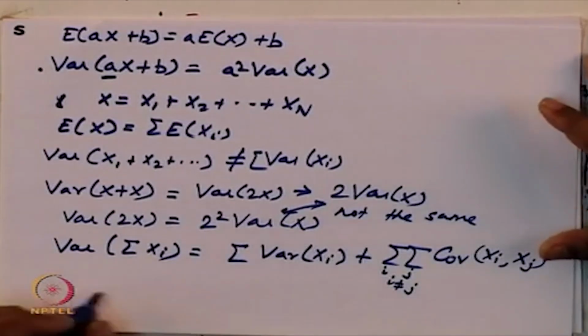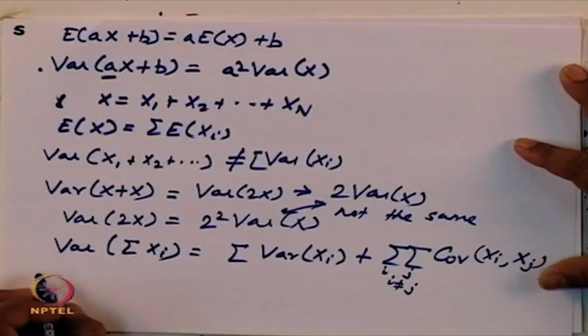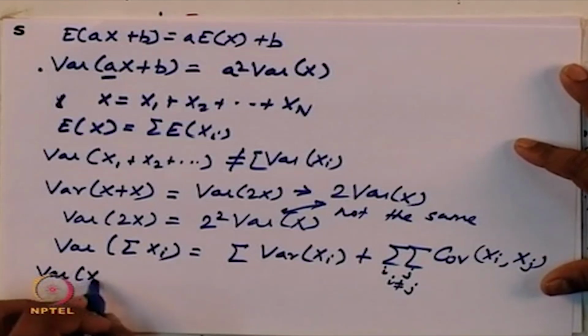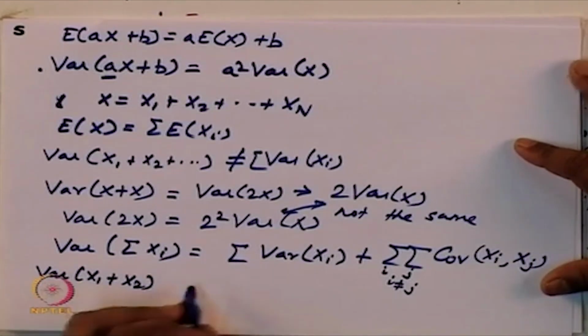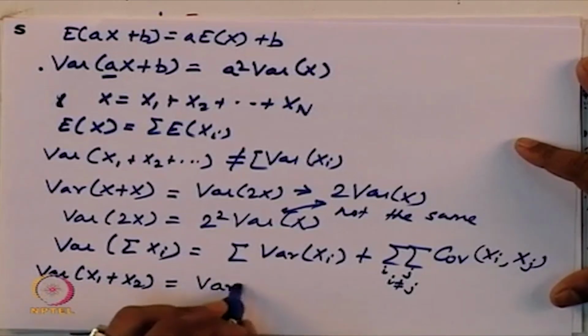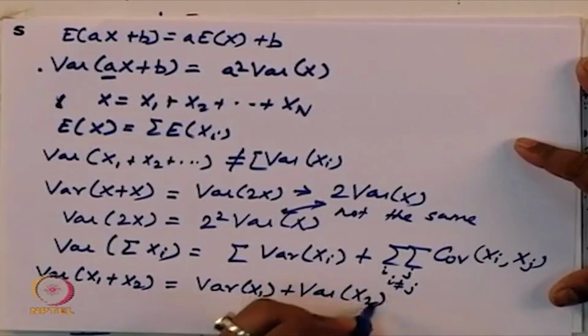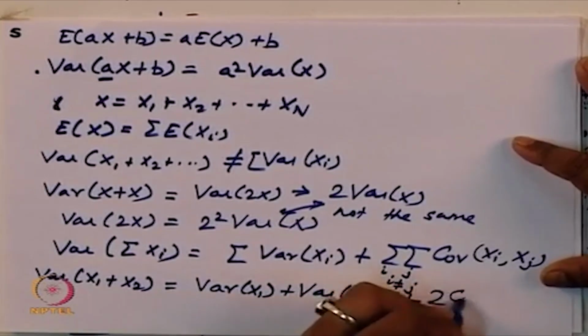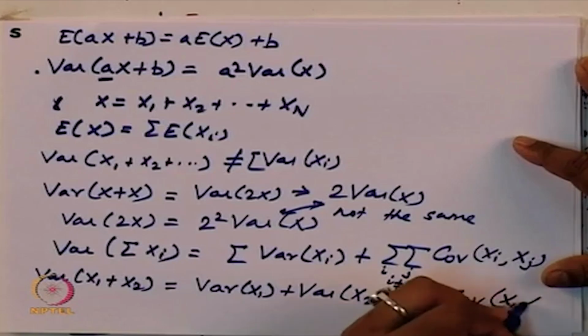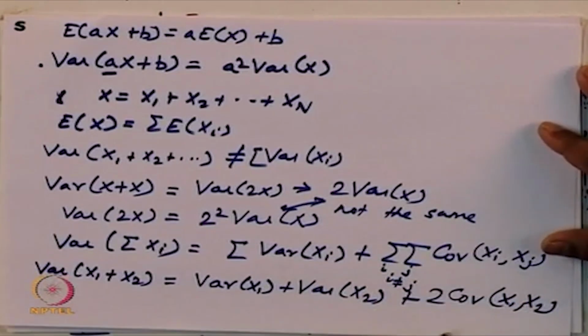So, this is the general case. If I have two variables, variance of x1 plus x2 becomes variance of x1 plus variance of x2 plus twice covariance of x1 comma x2.